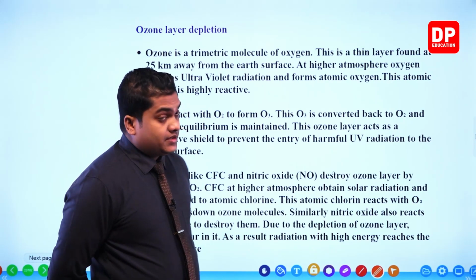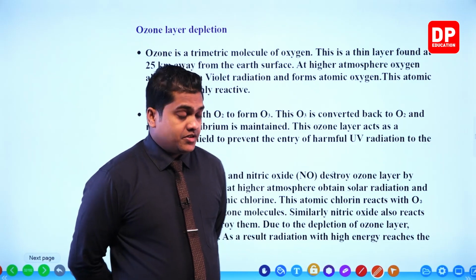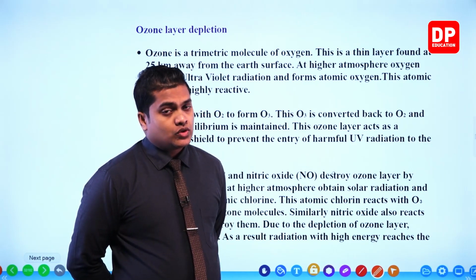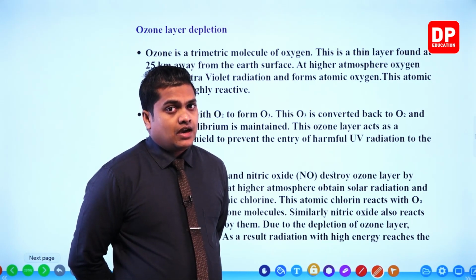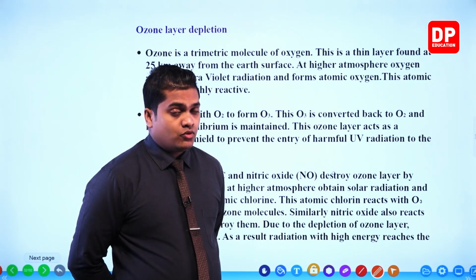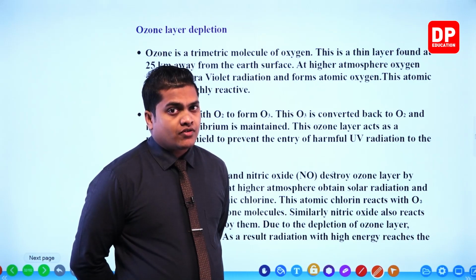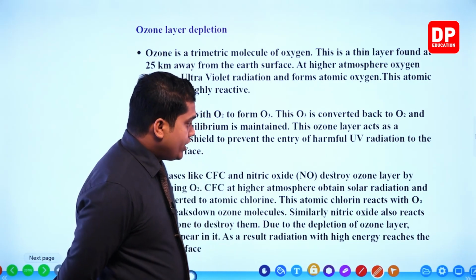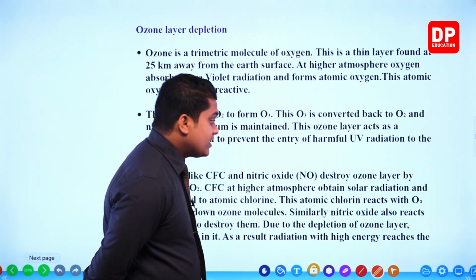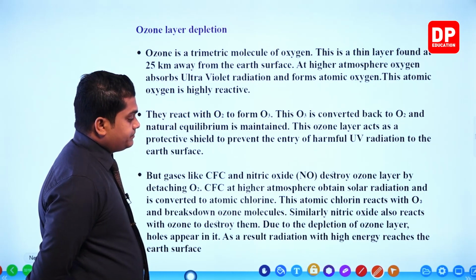So due to the depletion of ozone layer, holes appear in the ozone layer. These holes will carry harmful light rays towards the planet Earth. Harmful light rays means light rays which have ultraviolet rays. Not only CFC or chlorofluorocarbon, similarly nitric oxide also reacts with ozone to destroy them.